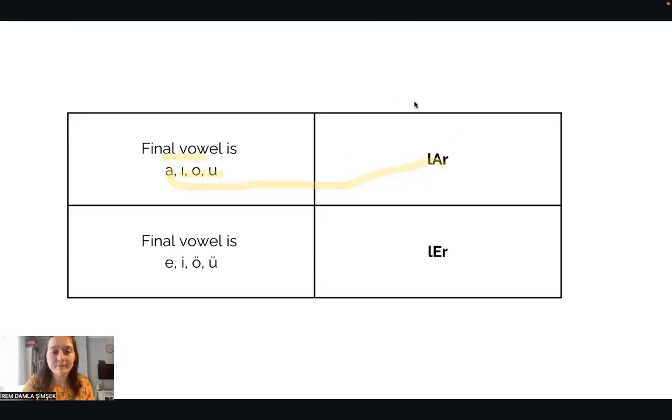And the other one, if the final vowel is e, you continue with ler. So if you want to make words plural, you gotta use this lar. But if the final vowel is e, you just use ler. And the other vowels, if they have dots like i, ö, ü, you also have to continue with ler.